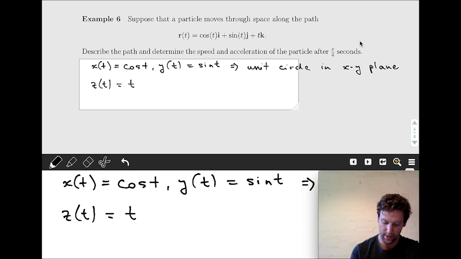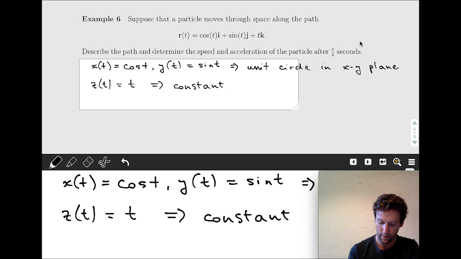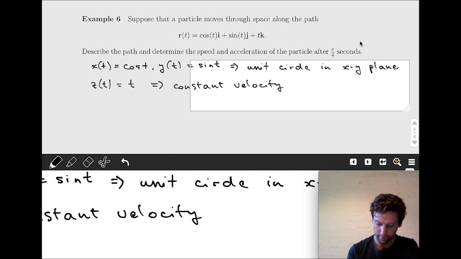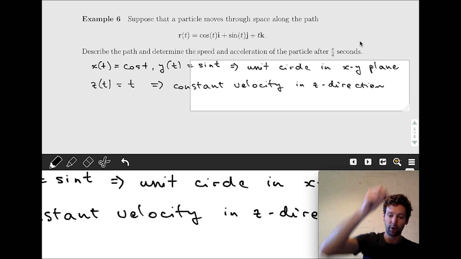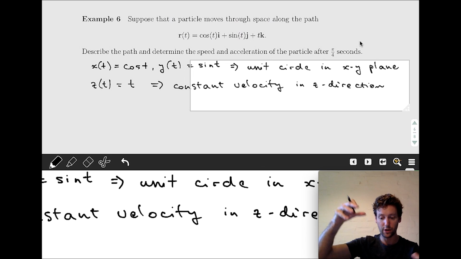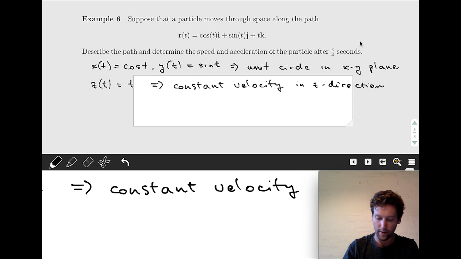So this is equal to t, and we can see that that's linearly increasing with t. As I increase t, my position is increasing with t, which means that I have a constant velocity in the z direction. So we have this circular motion in the xy plane, but we're moving vertically with constant velocity. So that's going to stretch out my circle into a spiral or a helix.